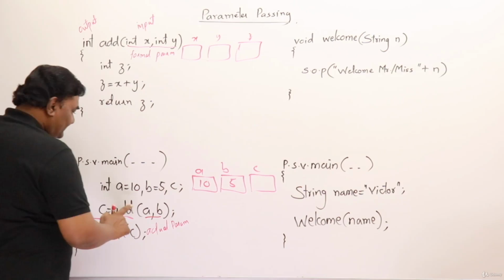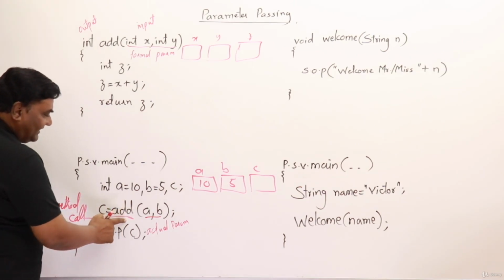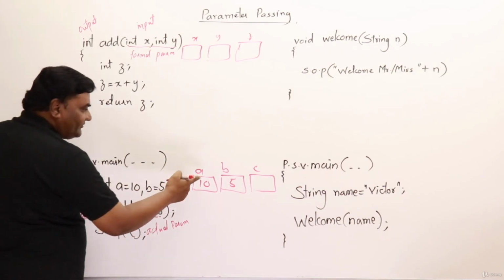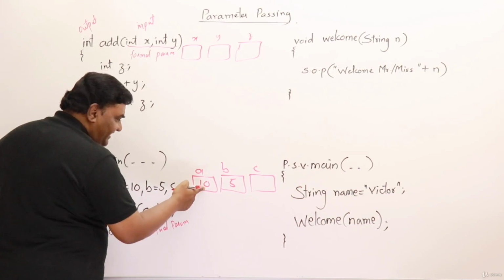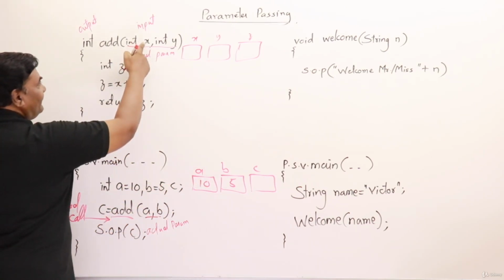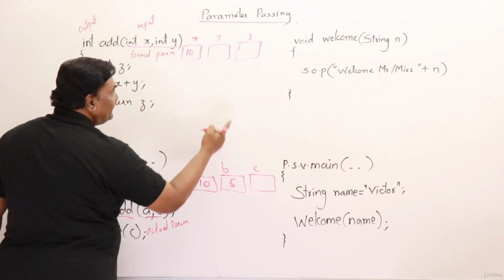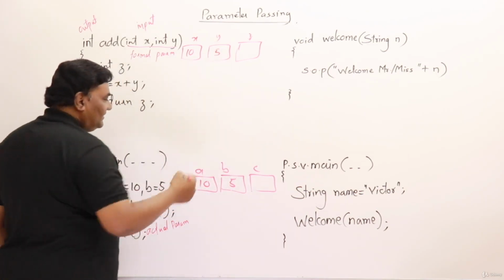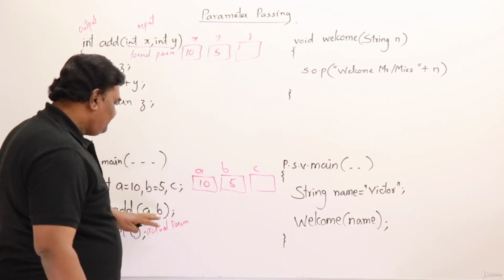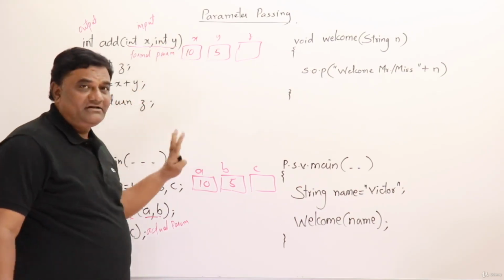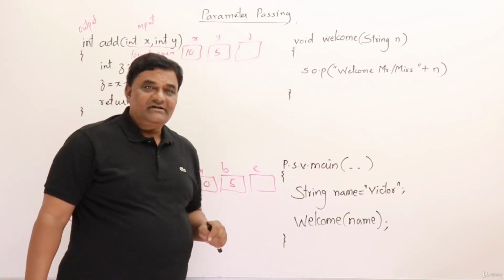A and b have the values 10 and 5. Then the called method has three variables, x, y and z. When main calls the method add by passing a and b, the content of a, which is 10, is copied into the first parameter, and 5 is copied into the second. The contents of the actual parameters are copied into formal parameters, whatever the contents were.